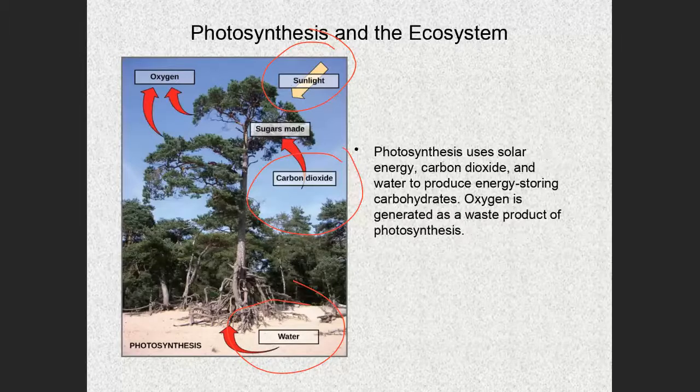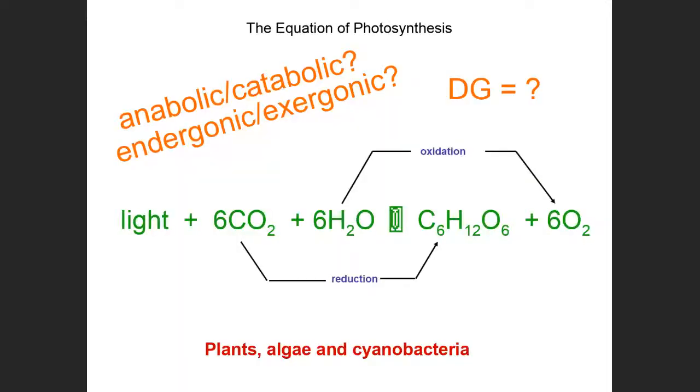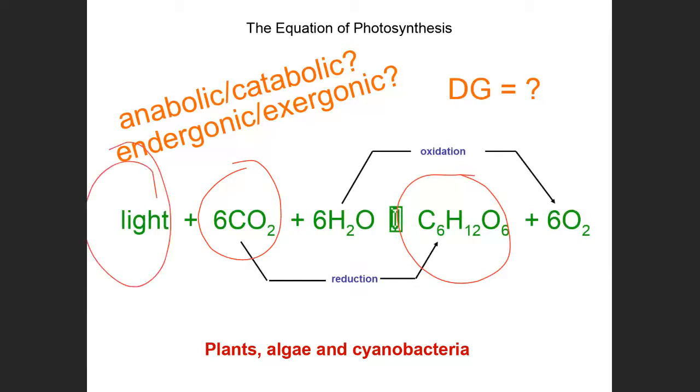But remember, is this an anabolic or catabolic reaction? When I build small to big, this is an anabolic reaction. Is it exergonic or endergonic? Since it uses energy from the sunlight, it's an endergonic reaction.